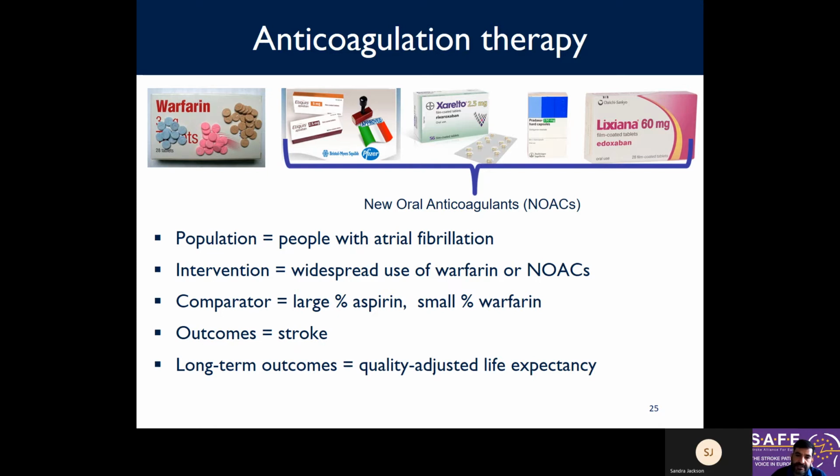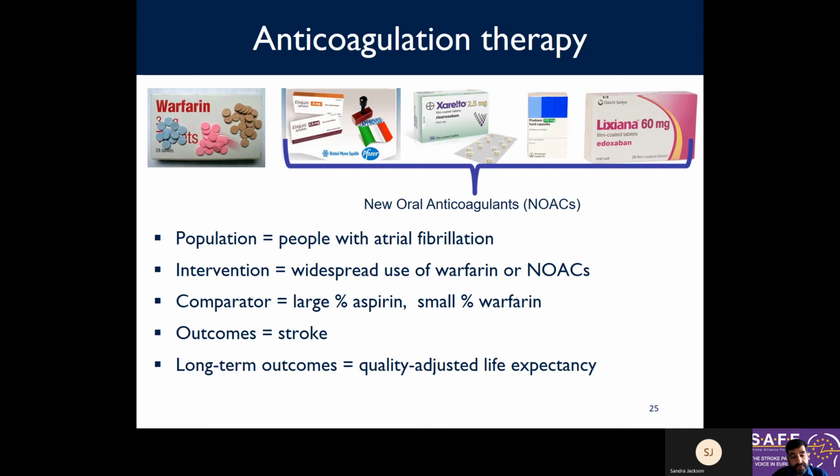Previous evidence has shown that warfarin is substantially underused, even with people with no contraindications like a large risk of bleeding. So that could be partly because many of the people who have atrial fibrillation are considerably old, and warfarin has quite nasty side effects and requires constant monitoring.